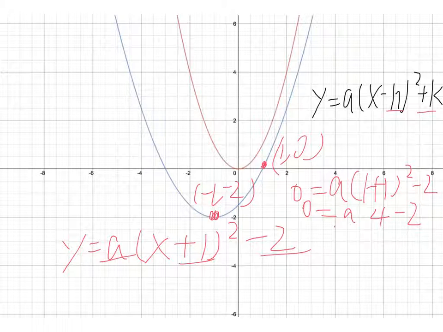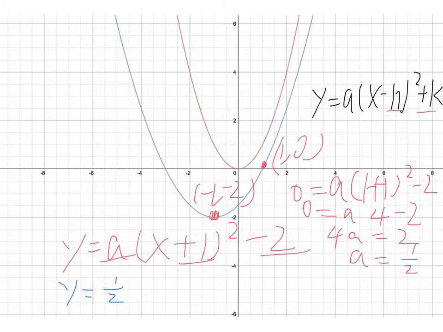So 4a equals 2. And what does a equal? 1/2. So you just solved the function, which is y equals 1/2 times (x plus 1) squared minus 2.